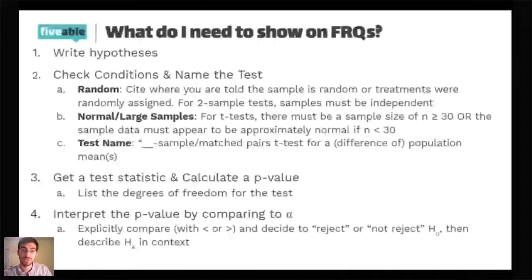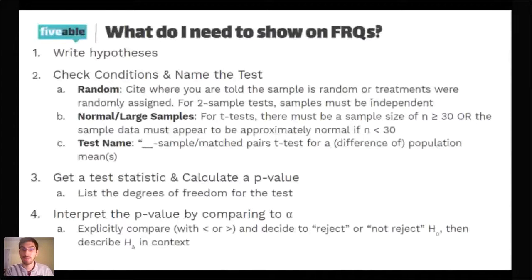The second thing that we score is that you've checked conditions and named what test you're doing. The third thing we're going to score is that you actually get your test statistic and p-value and they're listed correctly. And the fourth thing we score is that you then take that p-value and make a correct conclusion based on it. And if you get the wrong p-value, but you interpret it the correct way.